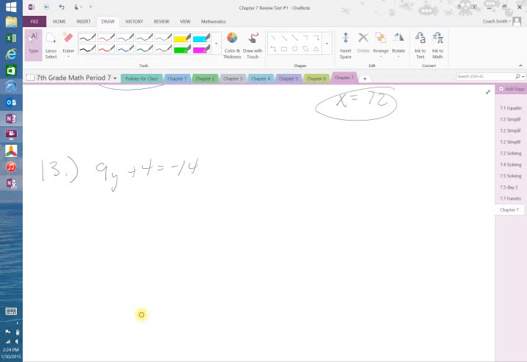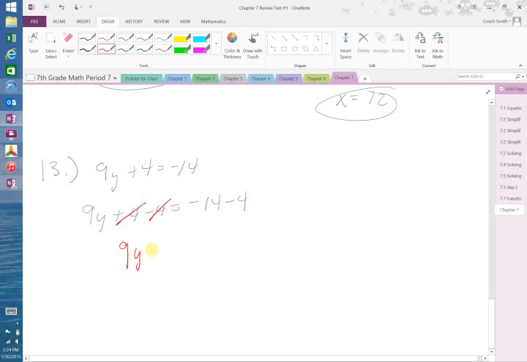So, 9y plus 4 minus 4 equals negative 14 minus 4. On the left side, they cancel, leaving me with 9y equals. Now, because of the negative, this has to change to plus a negative 4. Negative 14 plus negative 4 is negative 18.